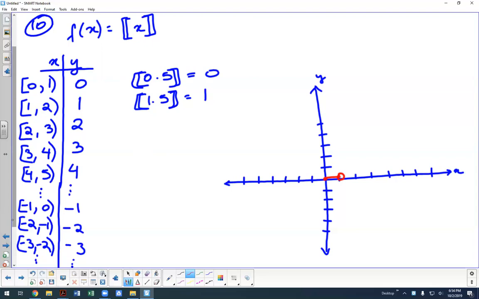And since all of these values are going to be 0, that's why I'm drawing a straight line from 0 to 1. Again, a closed circle at 0, an open circle at 1.